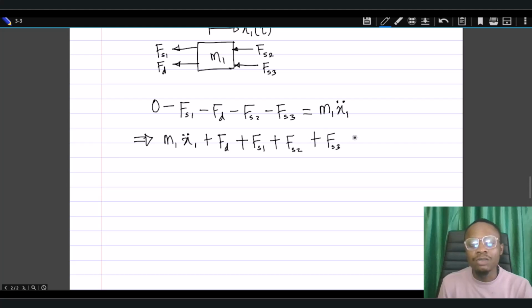All of this will be equal to 0 since there is no force here. We're not writing in the expressions for now, so that it doesn't cause confusion when we consider the second mass.